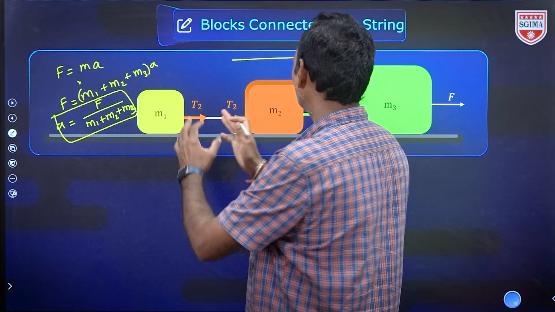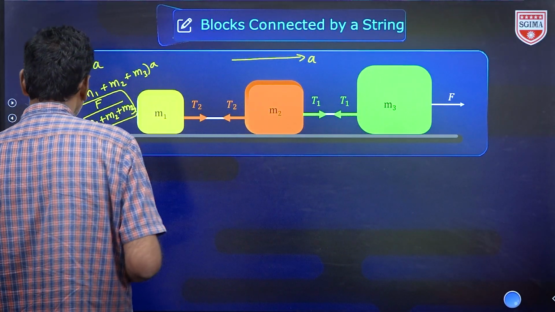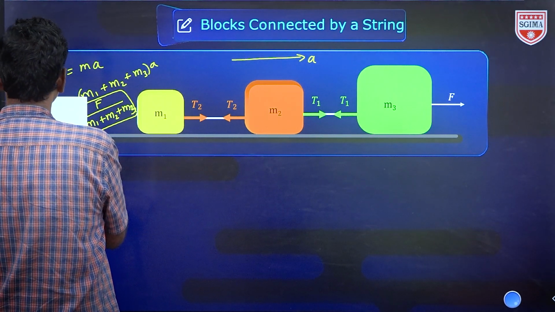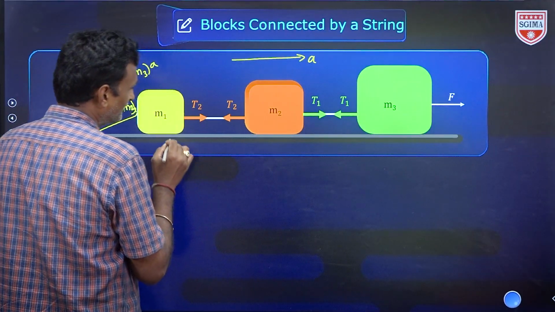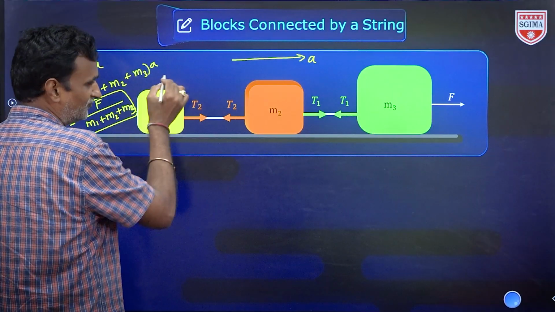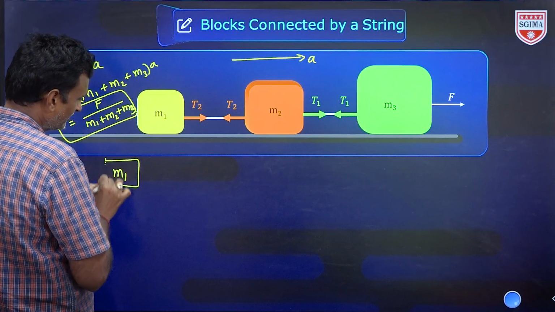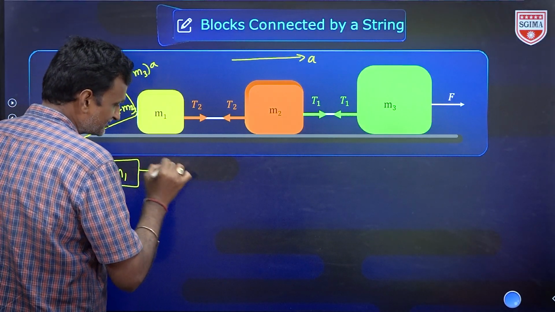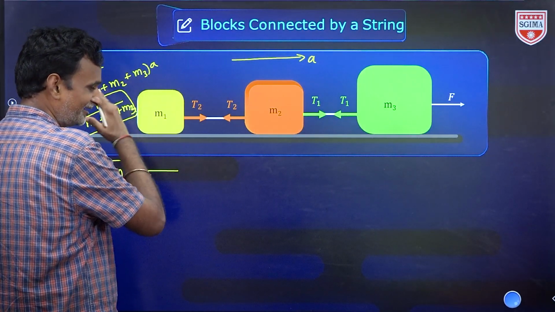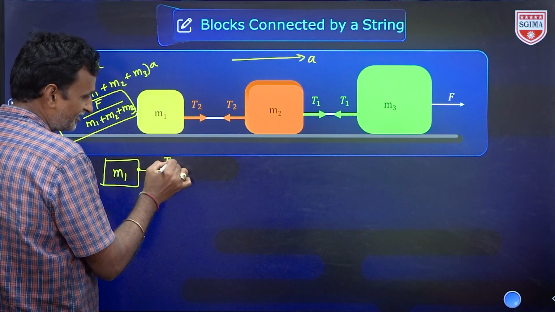Now take one object and apply the net force equation. First we find the tension T2 connected between M1 and M2, so we take the reference of M1 only. Here is the M1 block, connected with the string to the next block M2. At the point of contact, on the right side, the force is T2, as already given in the figure.